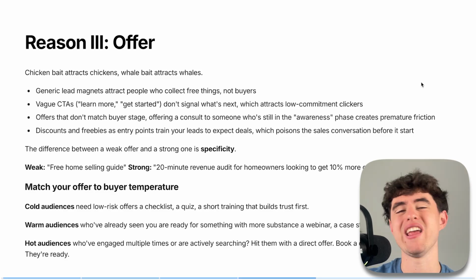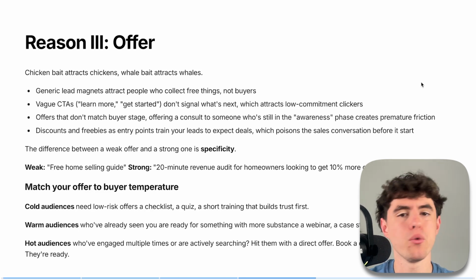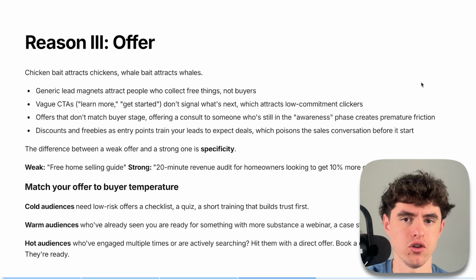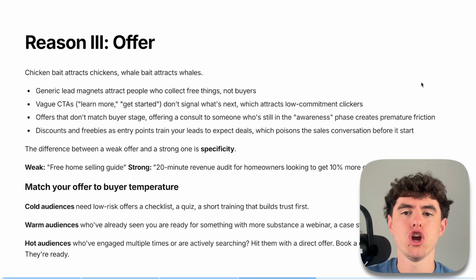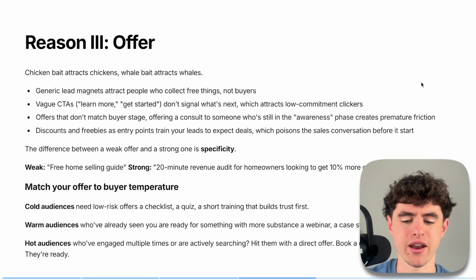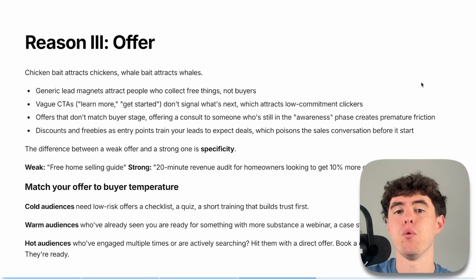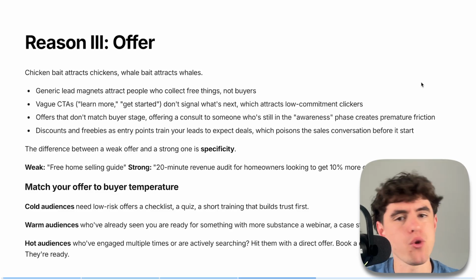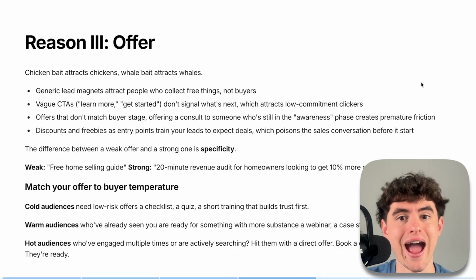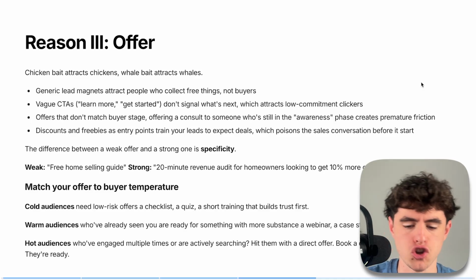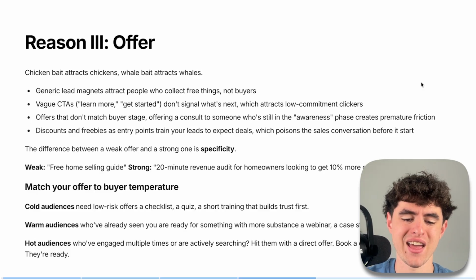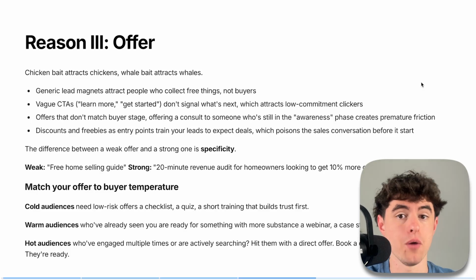Now, reason number 3 is going to be your offer. I always say chicken bait attracts chickens, whale bait attracts whales. So what does this mean? If you have a generic lead magnet, you're going to attract people that want free things, not actual buyers. And when you have vague or generic calls to action like "learn more" or "get started" that don't signal what's next for the buyer, this is also going to attract low-commitment clickers.